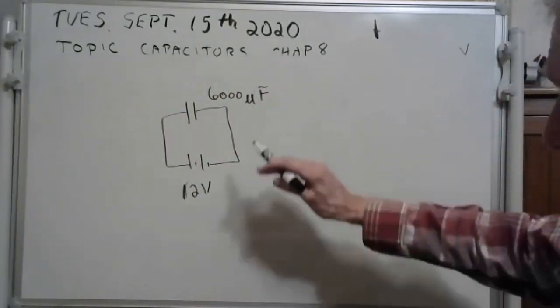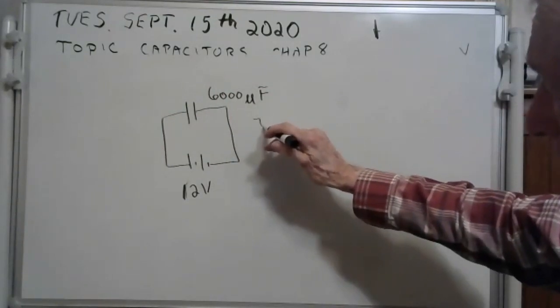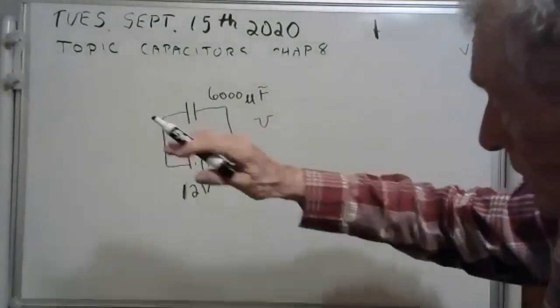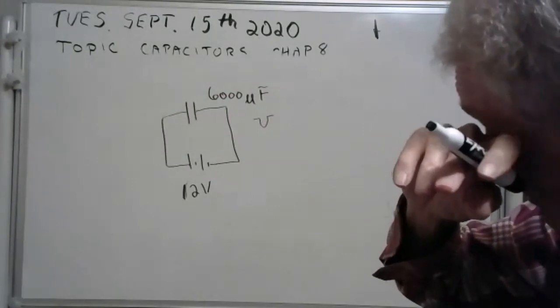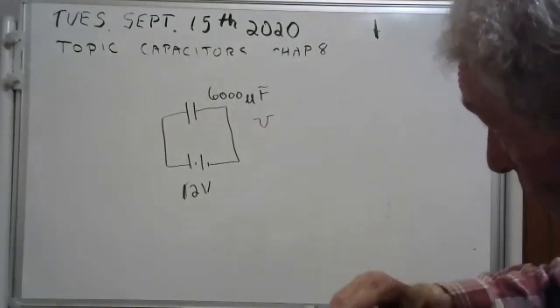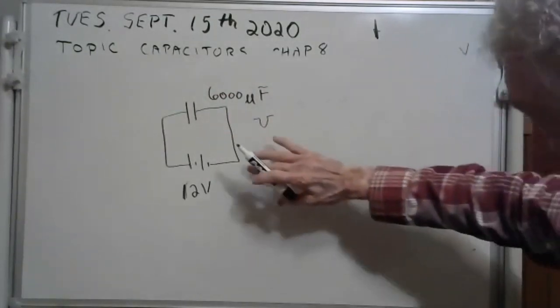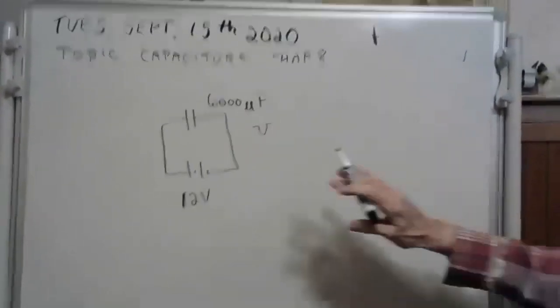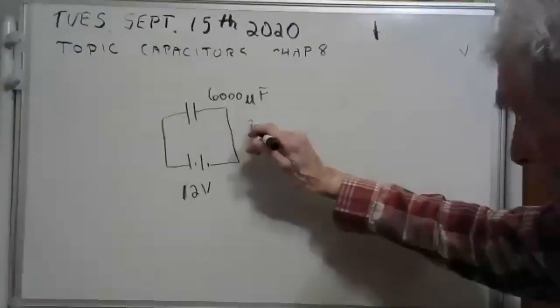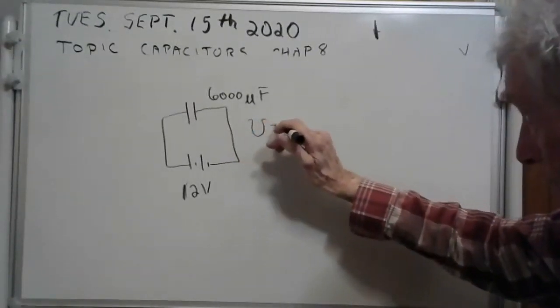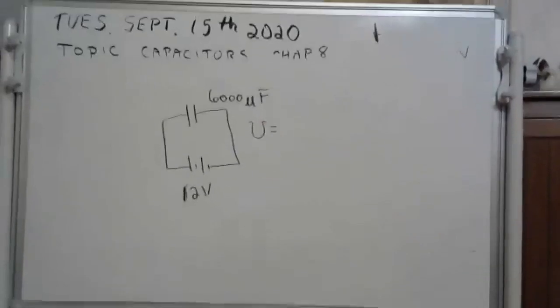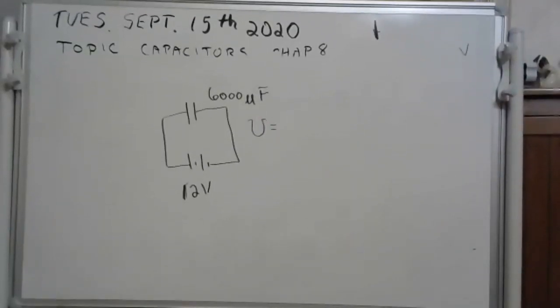And what we're going to do is find the energy stored in that capacitor. There's three equations for it. And I'm going to shut up for a minute. You got a minute. Can you read my writing? That's supposed to be a big U. Find the energy stored in that capacitor.